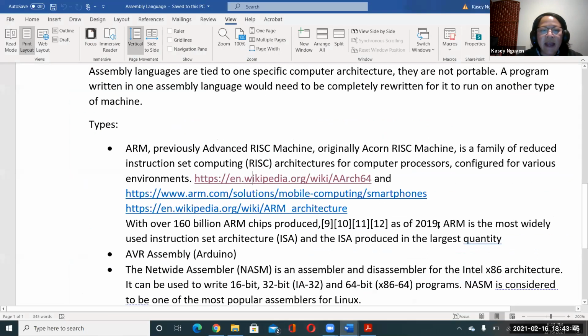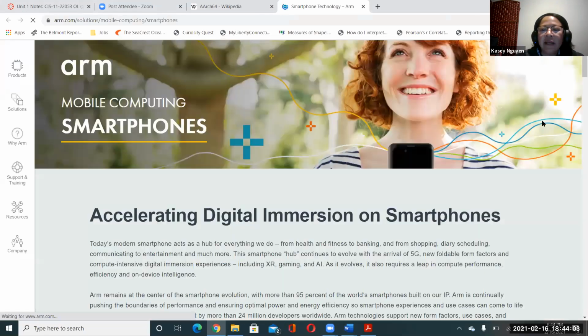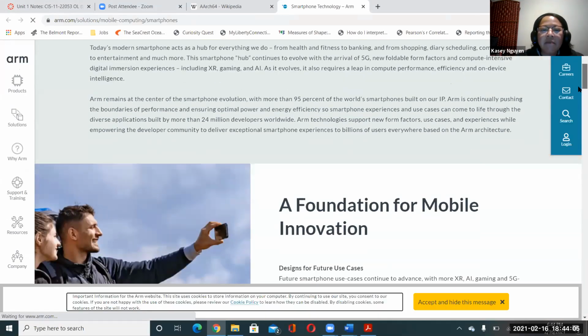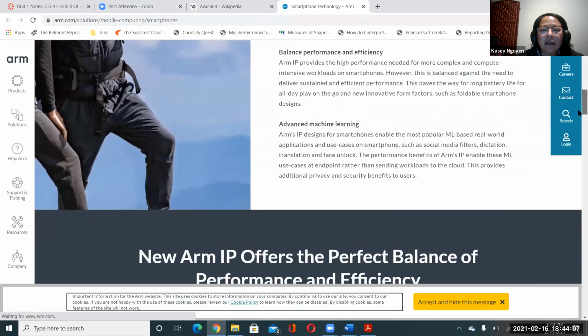If you're looking at smartphones, a lot of smartphones, like your iPhone, use ARM.